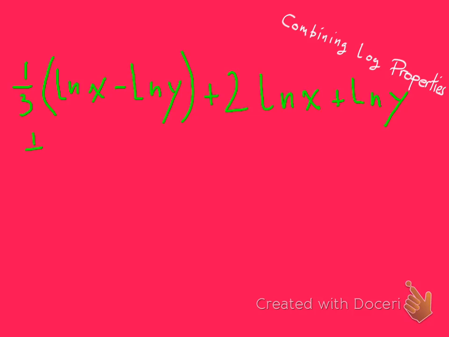So first let's combine the two things inside the big parentheses there, the difference of those two logs, as a quotient. All right? So that's going to look like that. Next, we've got 2 natural log of x, so let's write that as natural log of x squared. And then we have natural log of y, so we'll just put that in there.